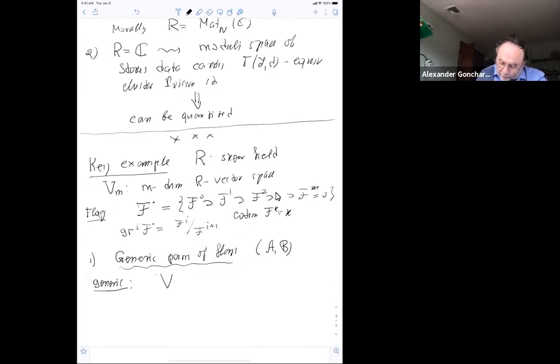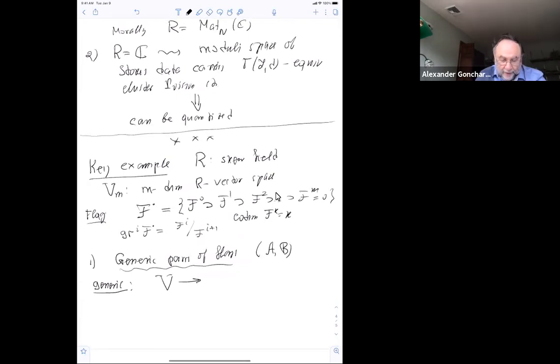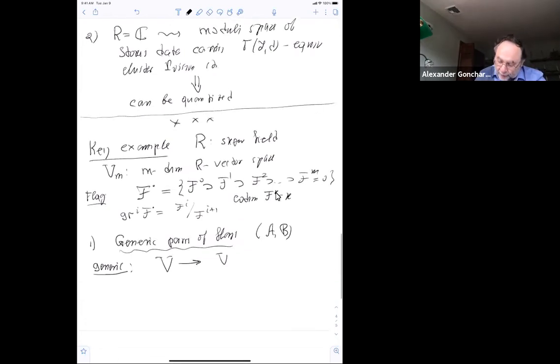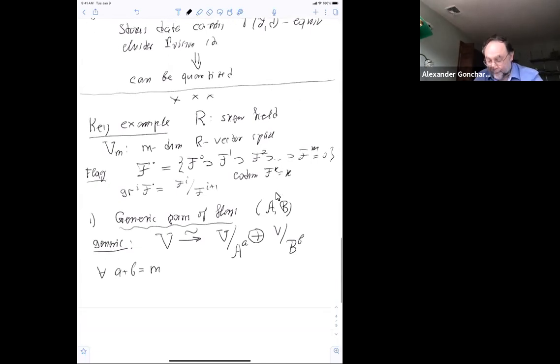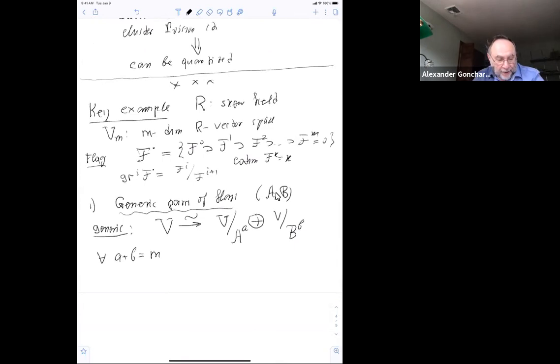There's only one definition you can imagine. If you have your vector space, it projects to the quotient by the a-dimensional subspace of the first flag and also by the quotient of the b-dimensional subspace of the second flag. So assume here that a plus b equals precisely the dimension of the space, and then the condition is that this is an isomorphism. So that's what generic means.